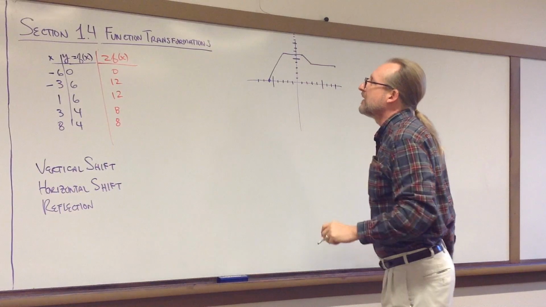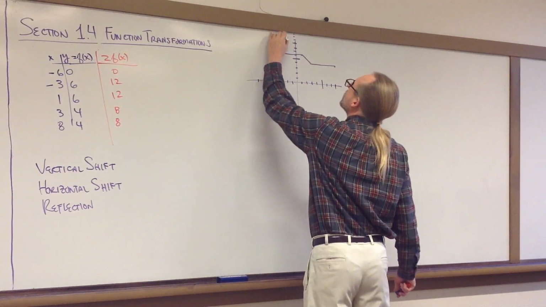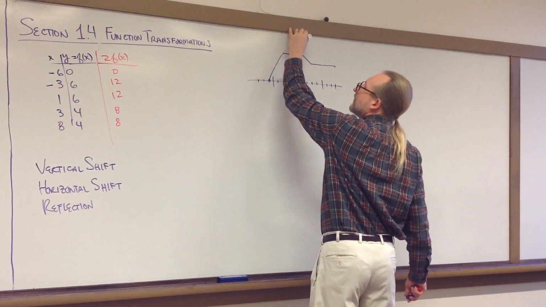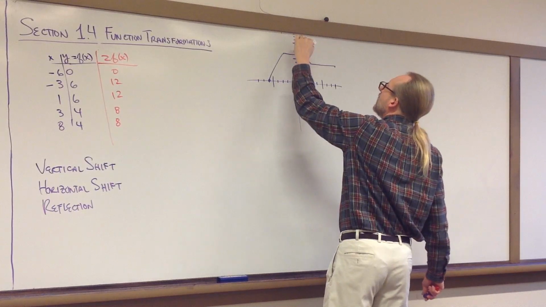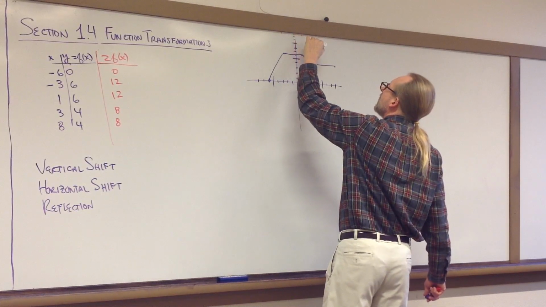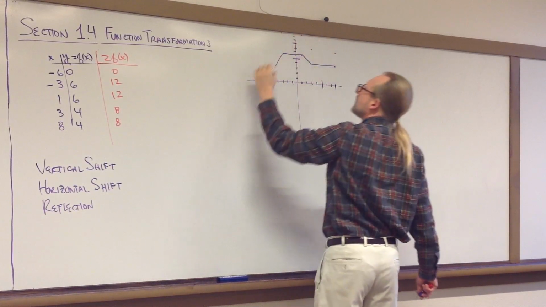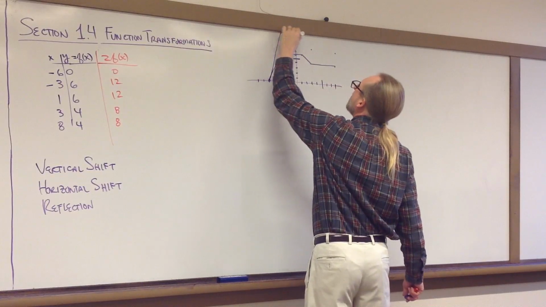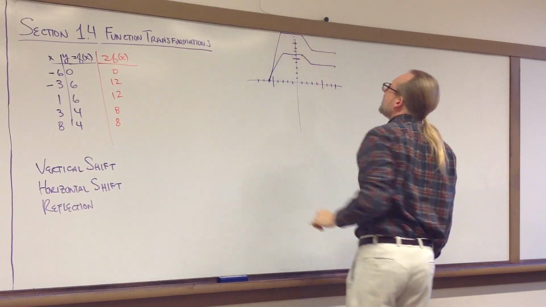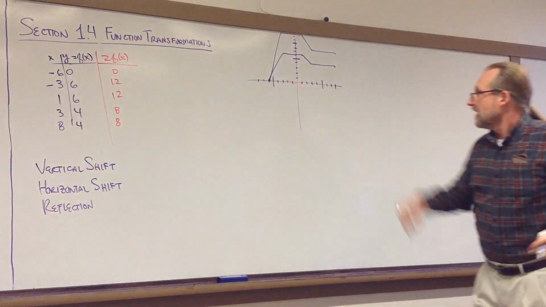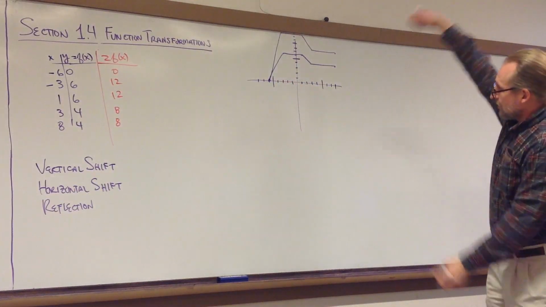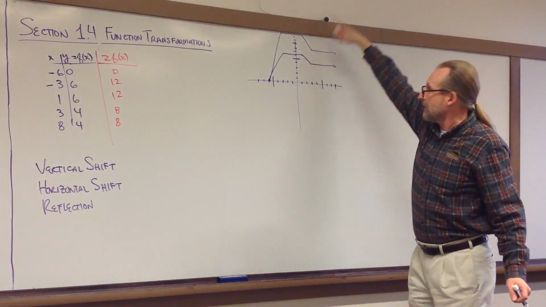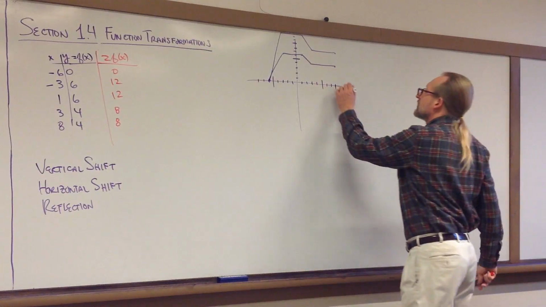So we'll put 12 up there. All right, so negative 3, 12, 1, 12, and then here 6, 7, 8, and 8. And so notice how the 0 stays where it is, right? So that's not going to change, but it gets stretched. The rest of them get stretched away from the x-axis.